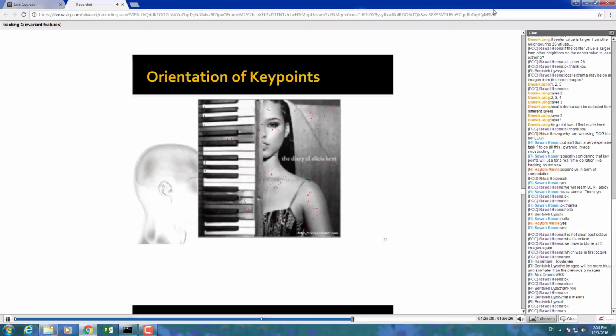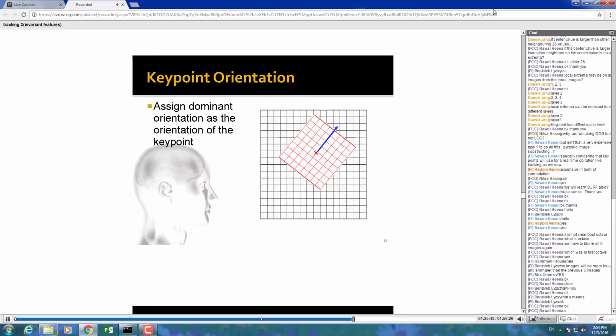Okay. By the way, now we have key points, right? But for every key point, the next step is to calculate the descriptors, right? So before we calculate the descriptor, what we have to do first is to determine the orientation of every key point. For example, this is a key point detected.